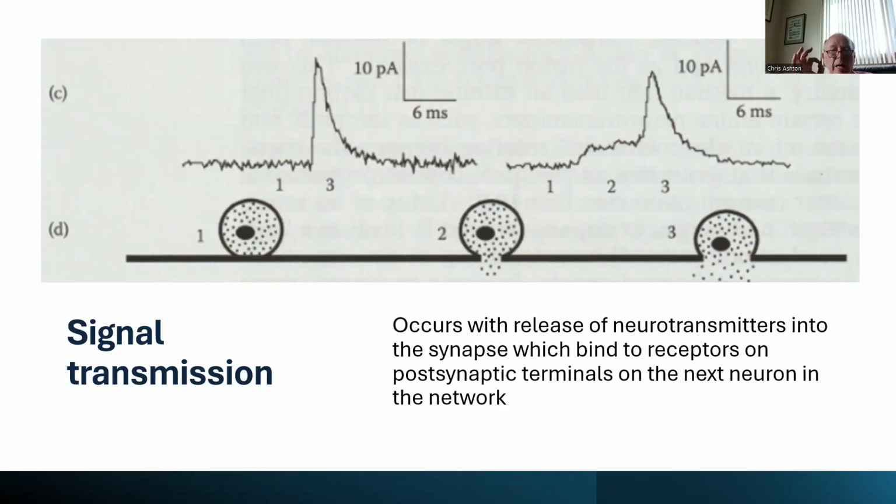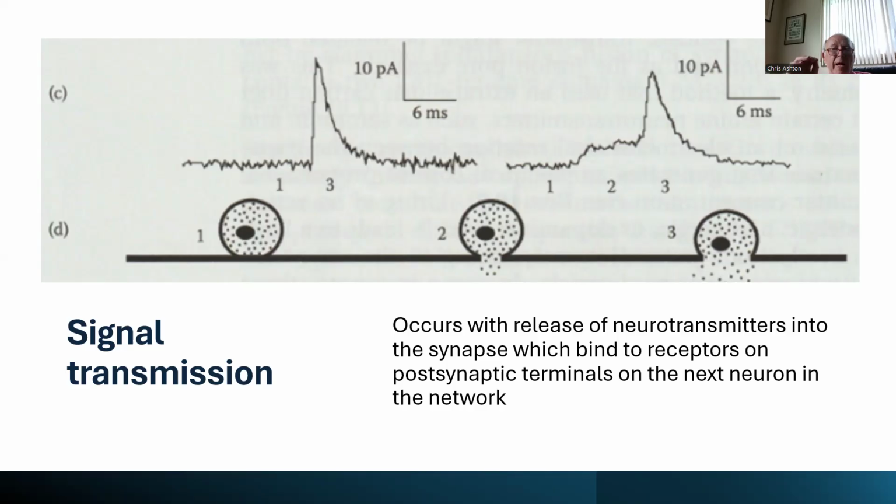And that's because the electrical current charges each vesicle, and the charge, the electrical difference between the charged particle in the vesicle and the neutral of the synapse, that is the potential. That's the voltage drop.